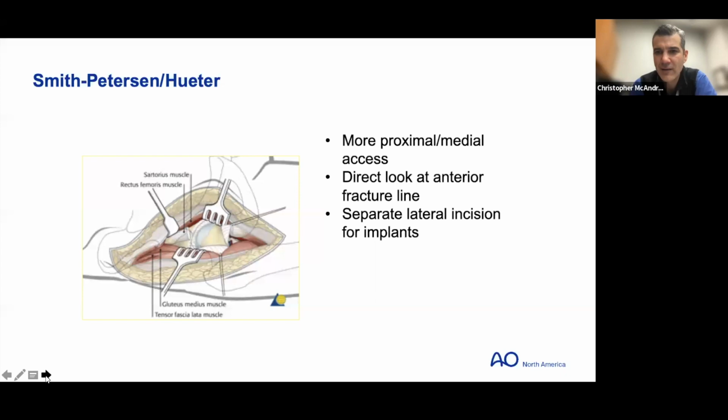It also gives you a working space directly down onto an anterior fracture line. The downside, at least people will cite, is that you make a separate incision for your implants. And depending on what those implants are, that incision may not be much of one, or may be something real. So something to think about.